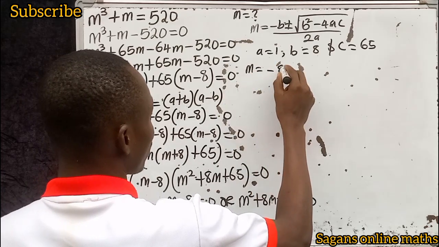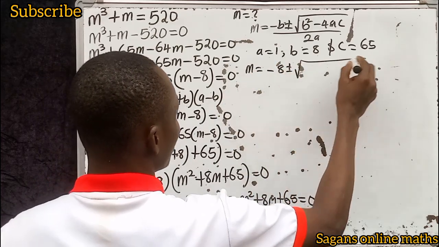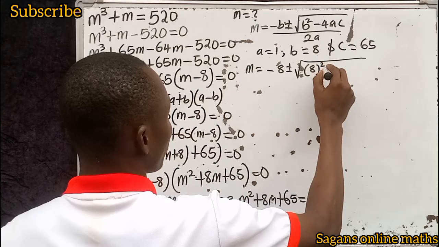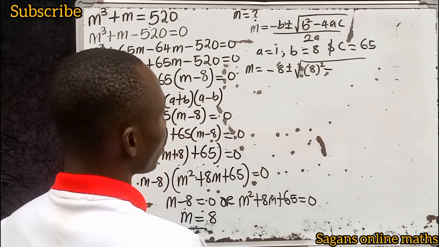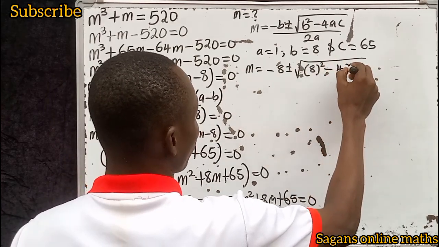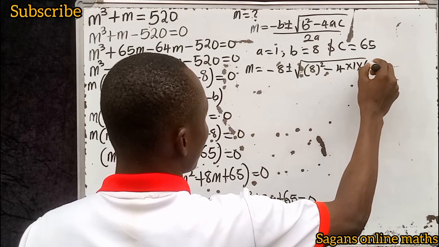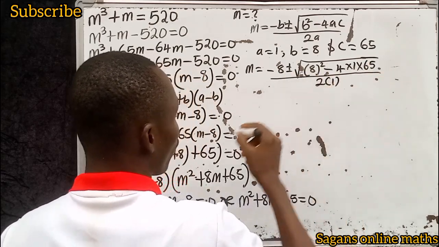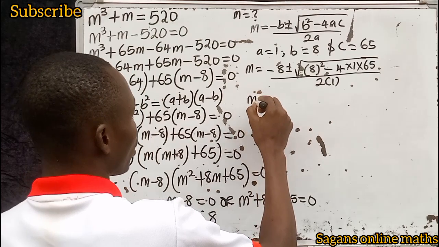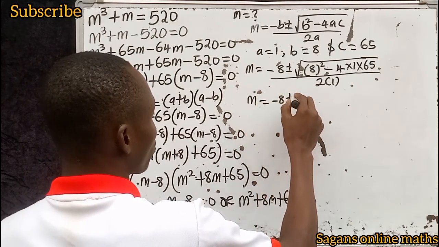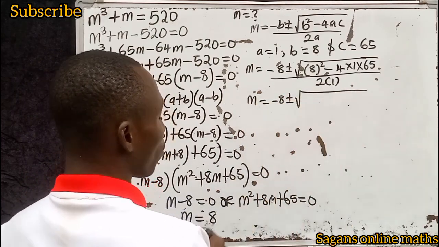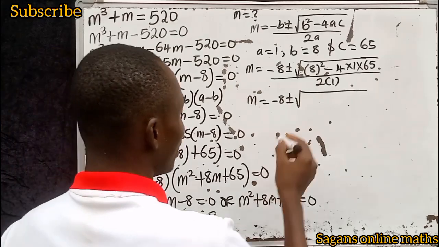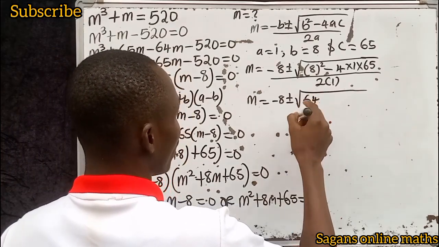It means that our m will be equal to minus 8 plus or minus the square root of 8 square minus 4 multiplied by 1, because a is 1, multiplied by 65, divided by 2 into 1, because our a is 1. It means that our m is equal to minus 8 plus or minus the square root of 8 to the power of 2, which is 64.